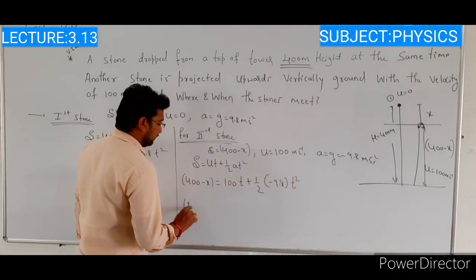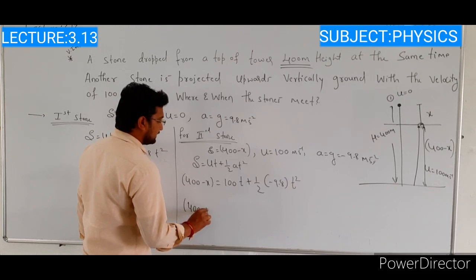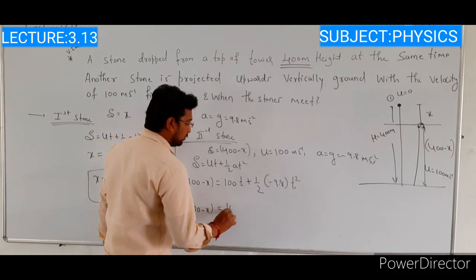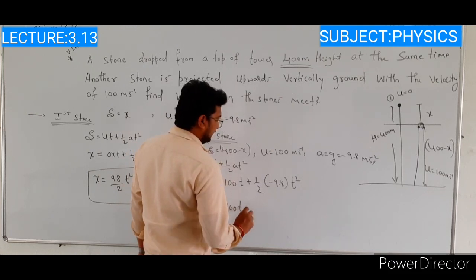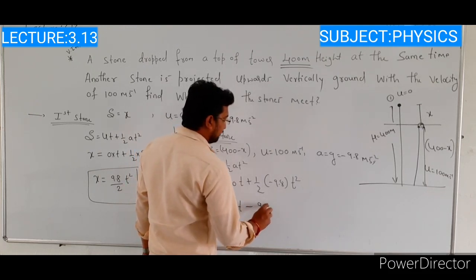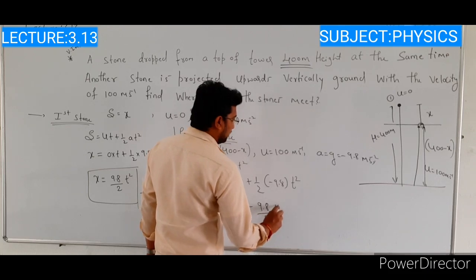So 400 minus x is equal to 100t plus minus 9.8 divided by 2 into t square.